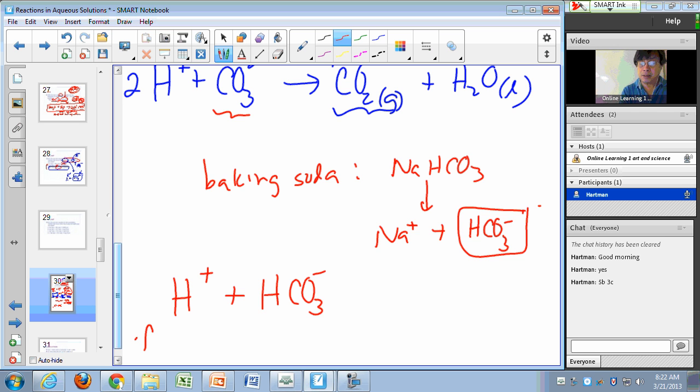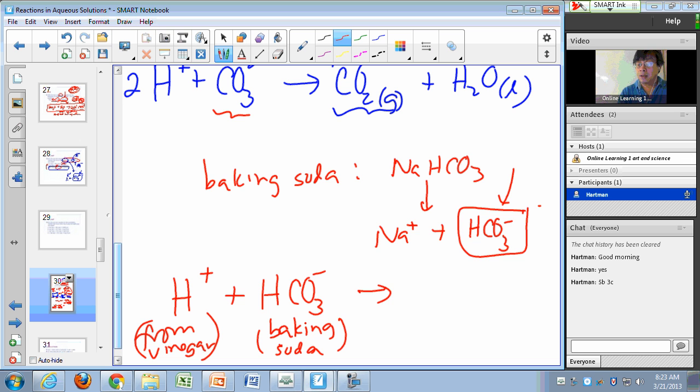So the H plus, you might say, comes from, let's say if you did this at home in your kitchen, you can mix vinegar and baking soda. Your bicarbonate comes from your baking soda. Then the H plus and bicarbonate ion would give you H2CO3, which will readily break apart into carbon dioxide and water.